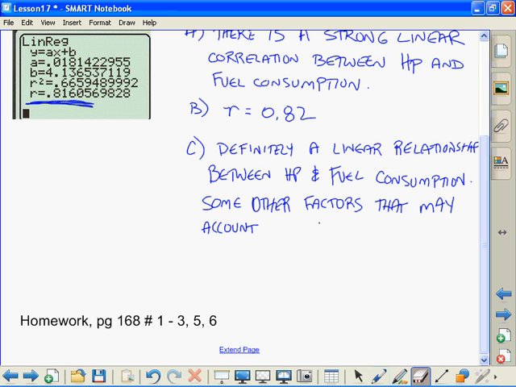So what are some of the other factors that may play a role here? Okay, so one of the factors may be the driver.